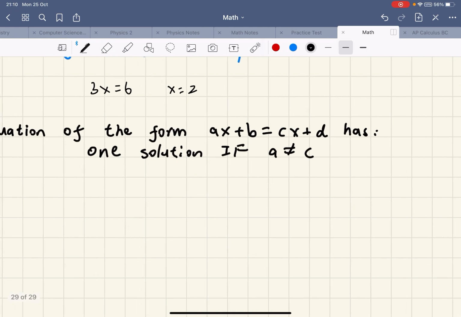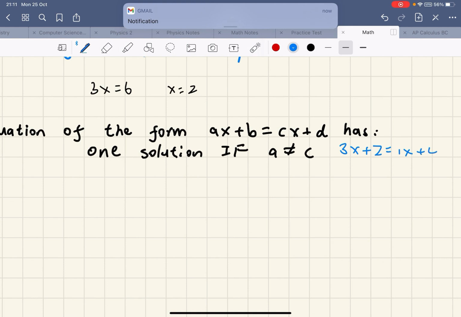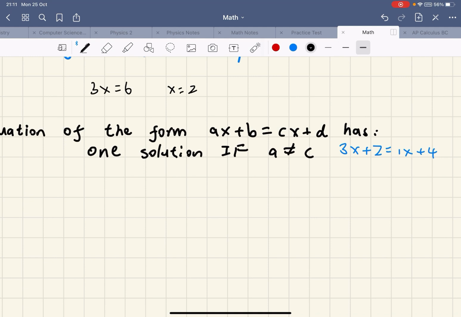So let's say 3x plus 2 equals 1x plus 4. This equation will have exactly one solution because a, which is 3 in this case, and c, which is 1 in this case, do not equal each other. Now let's look at another situation.